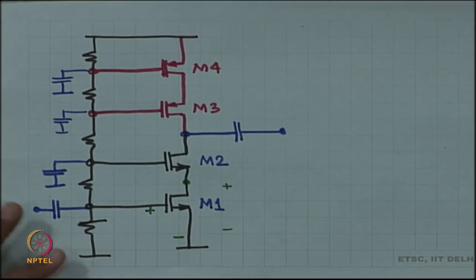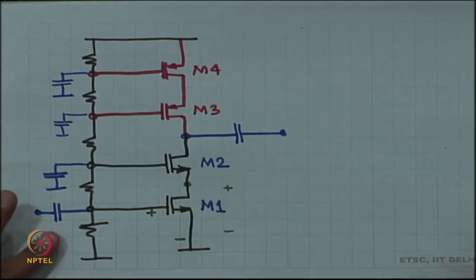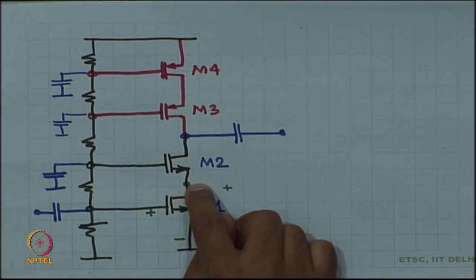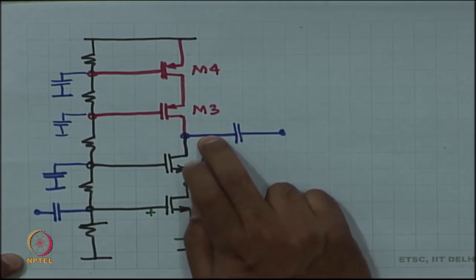That impedance happens to be low, so the voltage over here is also going to be low. This voltage is not really going to swing much. It is a very low amplitude voltage. The voltage here is going to move, not here.